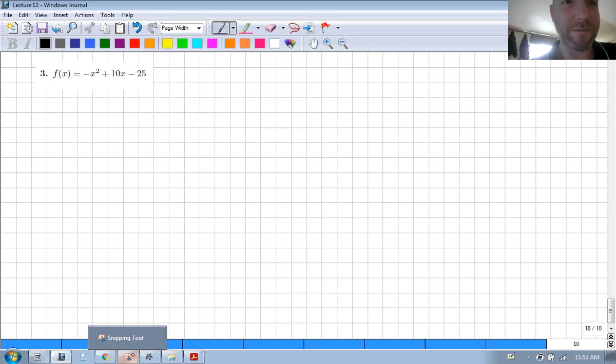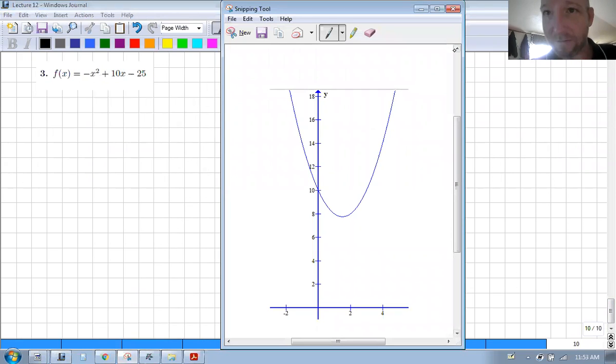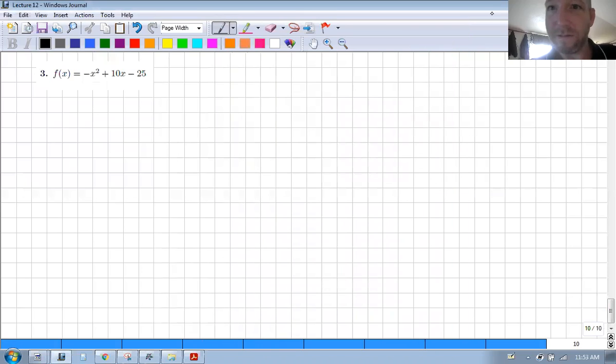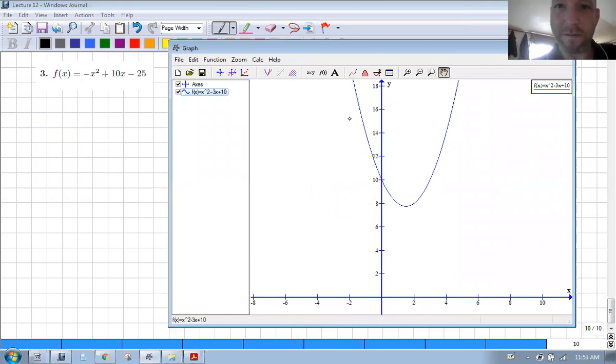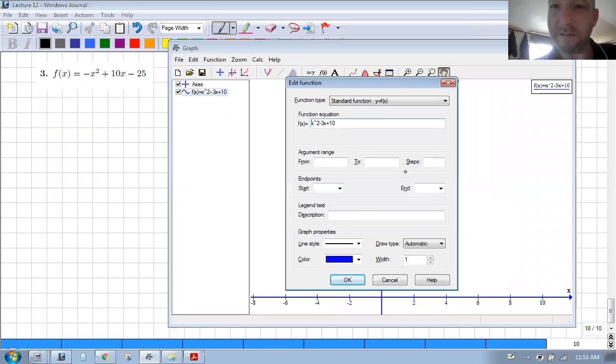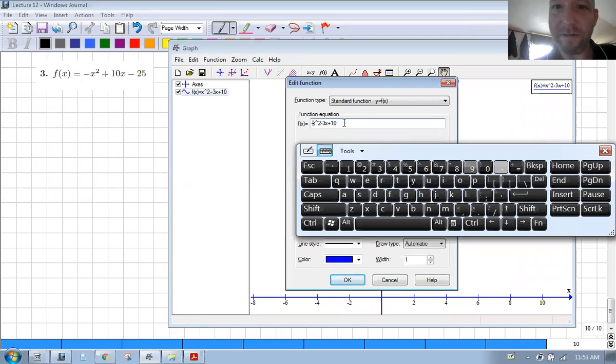Negative x squared plus 10x minus 25. Need a negative in there. Negative x squared plus 10x minus 25.